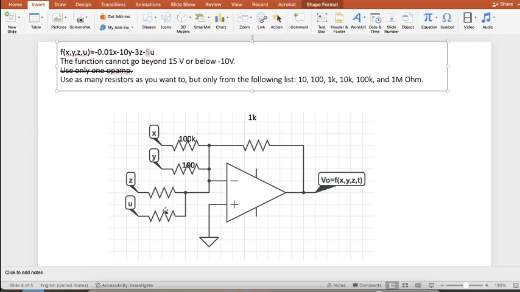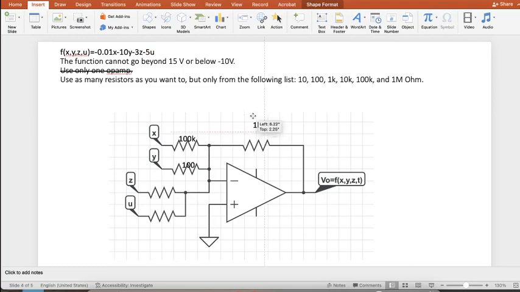Let's do that one, because U needs to be multiplied by 5, but I have a 1K here. So really I want the F to be equal to minus 5U, but I already have 1K. I need 5 to be equal to 1K divided by RI.